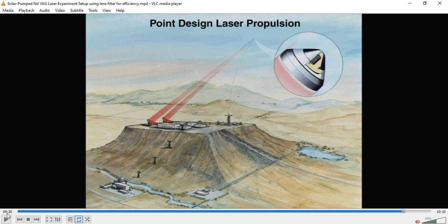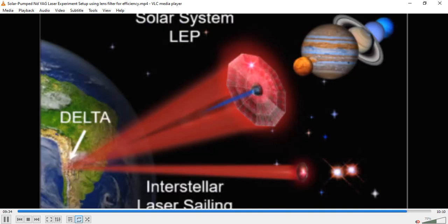However, this was perhaps a victim of the fact that it was being done on the Earth's surface, whereby scattering of the light obviously occurs. But in space, we have no such difficulty.